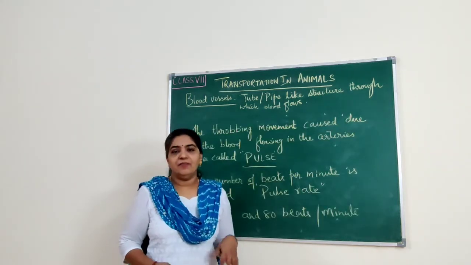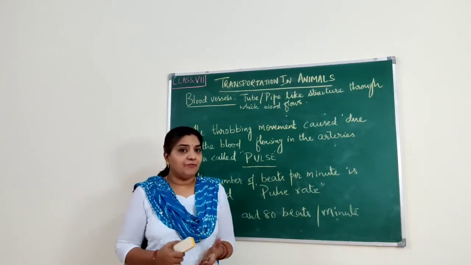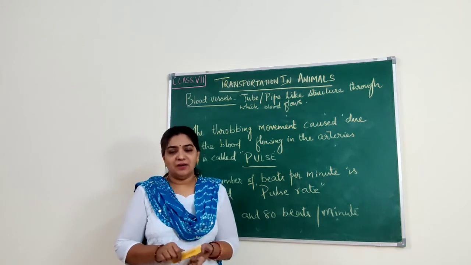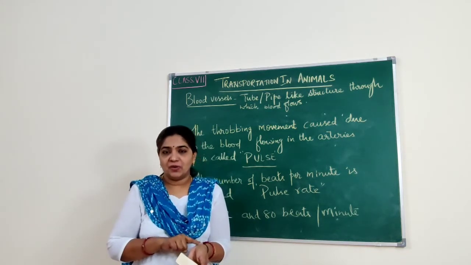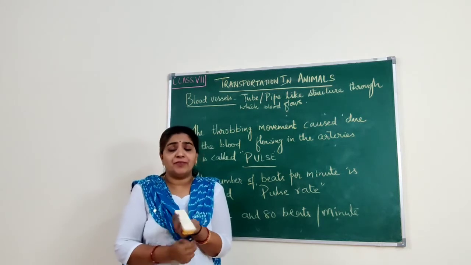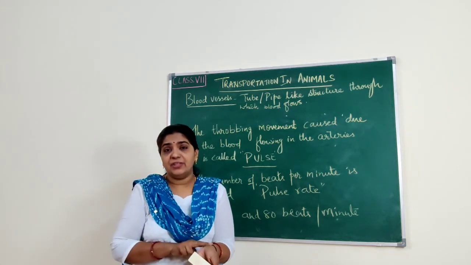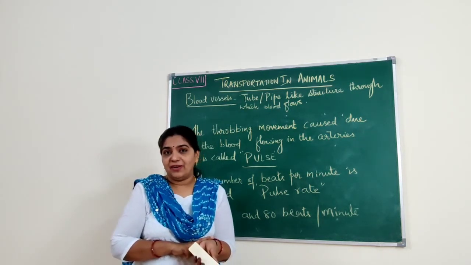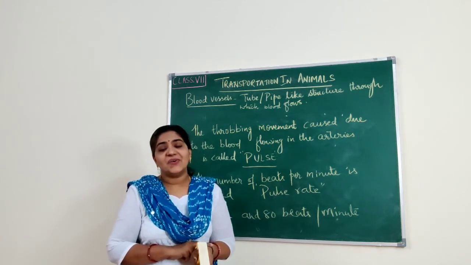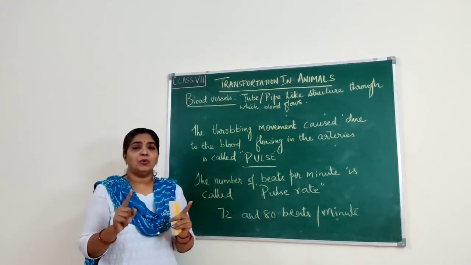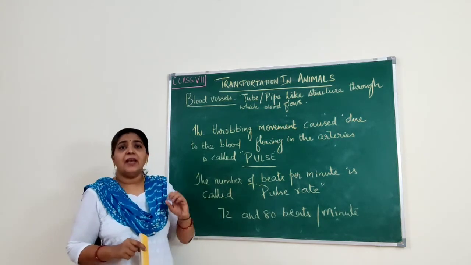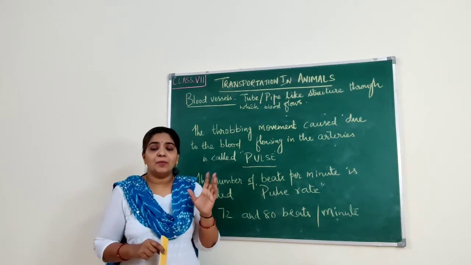You see, when you go to the doctor, when you have fever, they check your pulse rate, right? They keep their stethoscope on your wrist, or they just hold their finger on the wrist region and they count, right? What is that? That is called pulse. So what is pulse? When the blood flows through the arteries, it causes a throbbing movement.